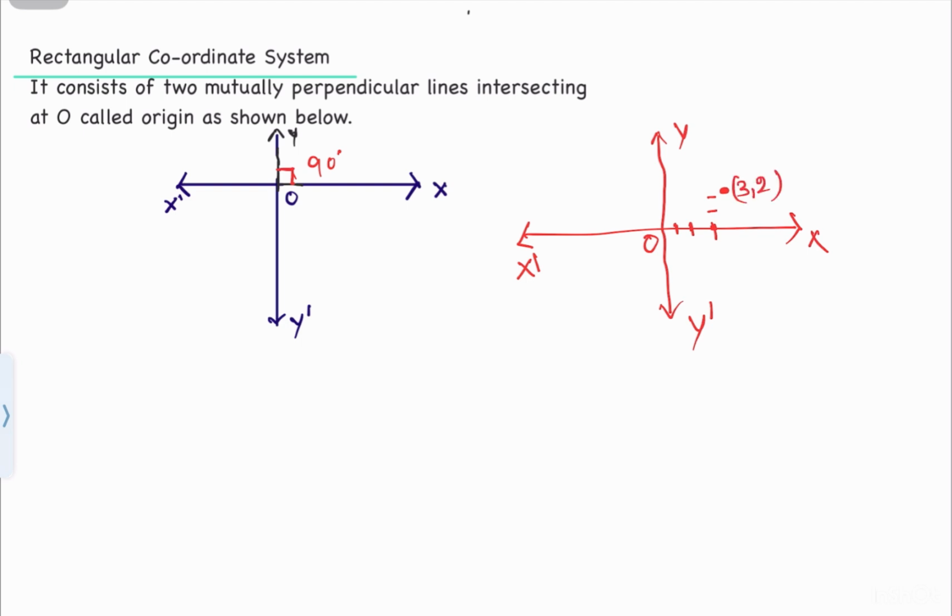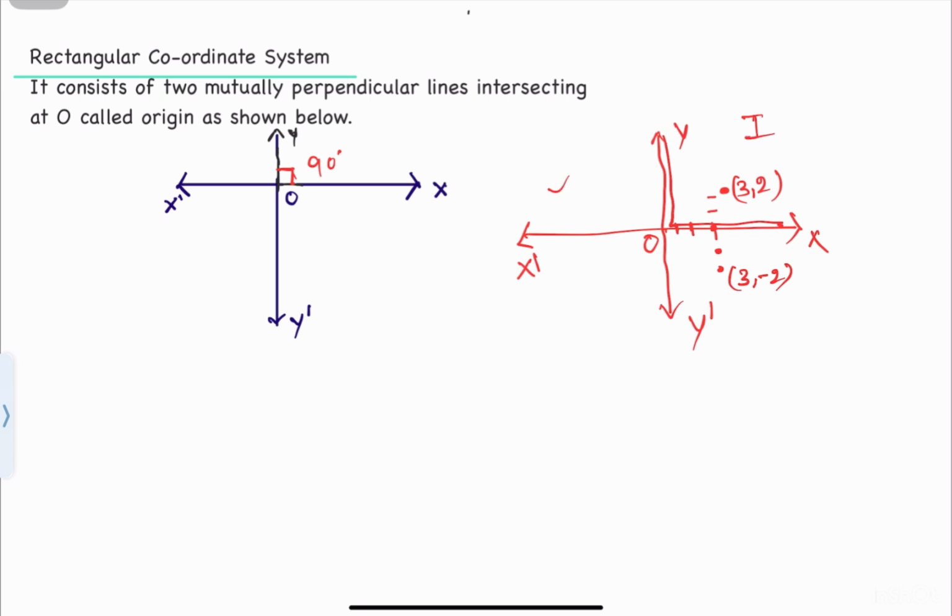Similarly, if I take a point in that region, I go first 1, 2, 3 and then go to the negative side. This is -1, this is -2, so that point should look like 3 comma -2. Clear?